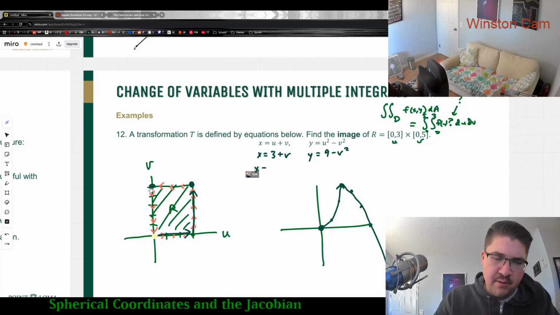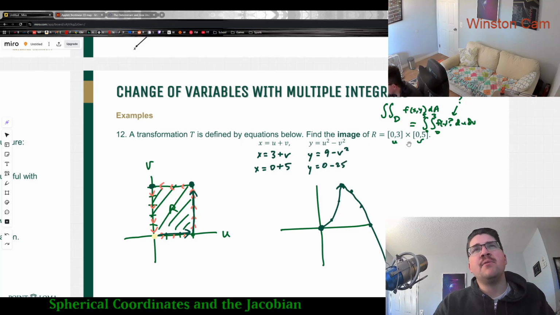So we'd have (0, 5) and (0, negative 25) if we plug in that point. As we move towards this region, again, we're going to end up at (5, negative 25). So that's going to be even further down here because this one was at negative 16.